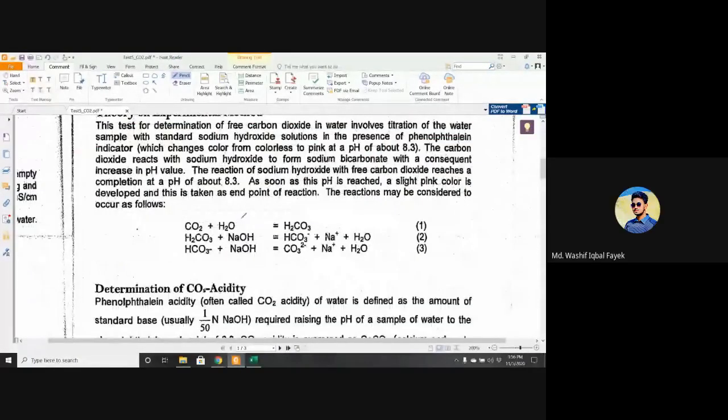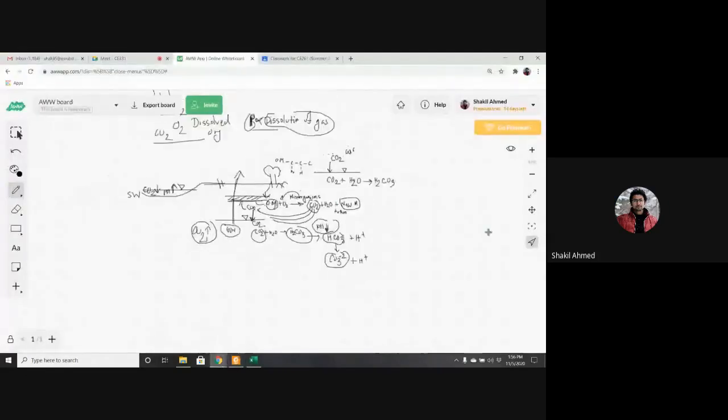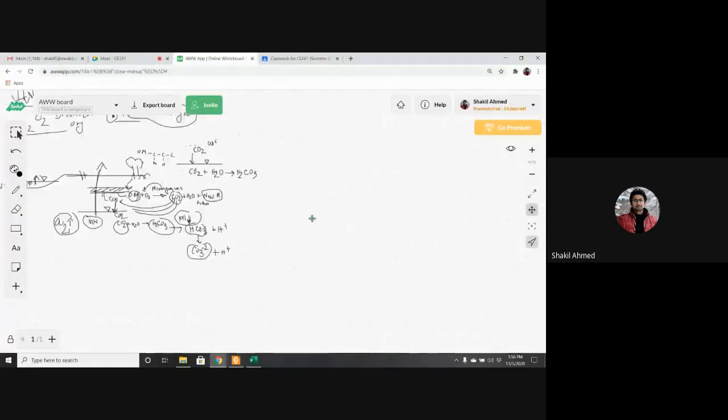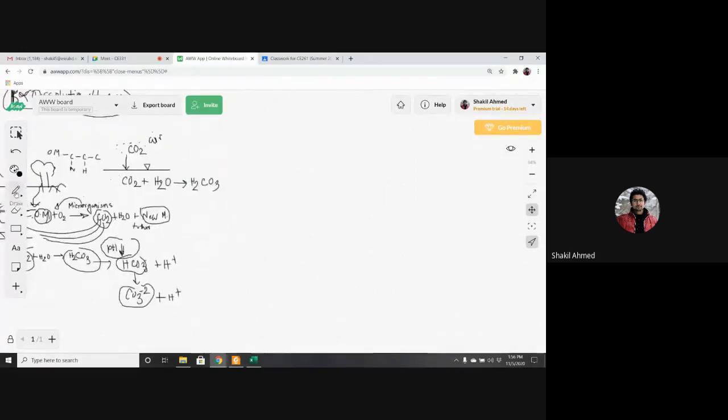Sir, why is it bad for industry? As I told you, for example, in industry you are using a boiler machine, it heats, and you are using water. If this is carbon dioxide rich water, then pH will be lower, that means it has higher acidity.